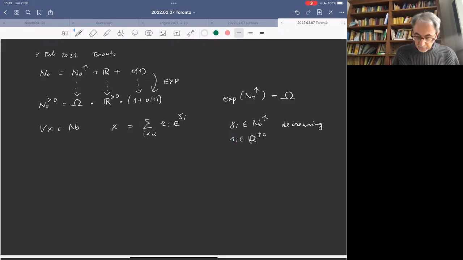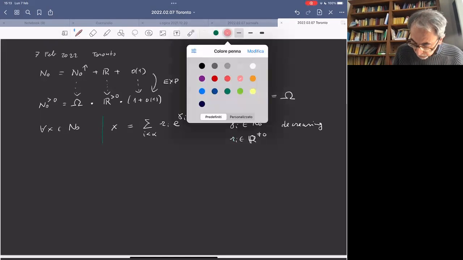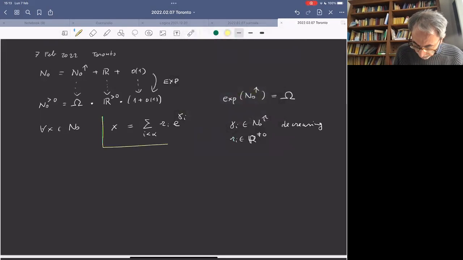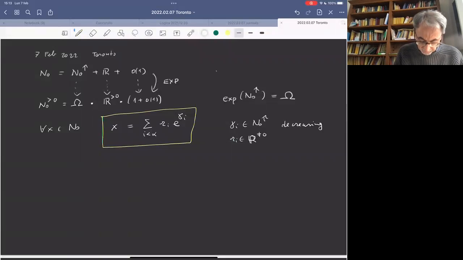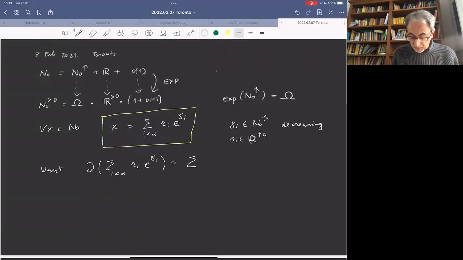Okay, then once we have this normal form, it's natural to look for a derivation which behaves in the good way, in the sense that we want a derivation, as already explained by Vincenzo, which respects the infinite sums and the exponential map.